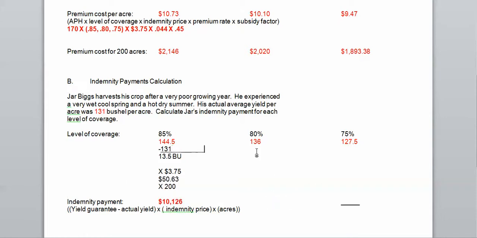With 80% coverage, we were guaranteed 136 bushels. Again, we only yielded 131. So we're paid for 5 bushels. We're going to take that times the $3.75 guaranteed price.